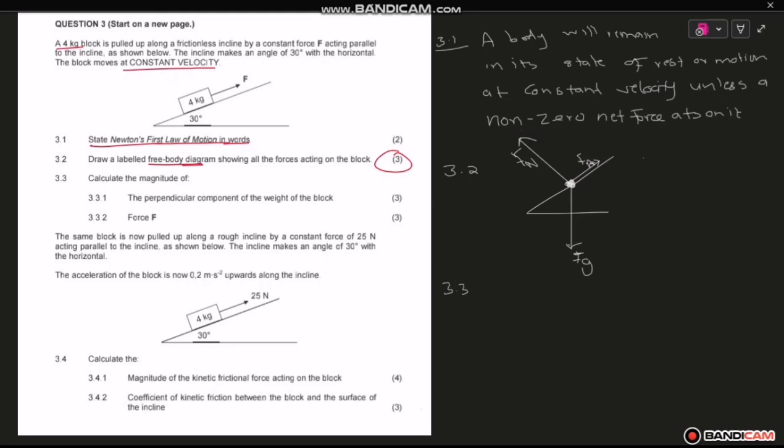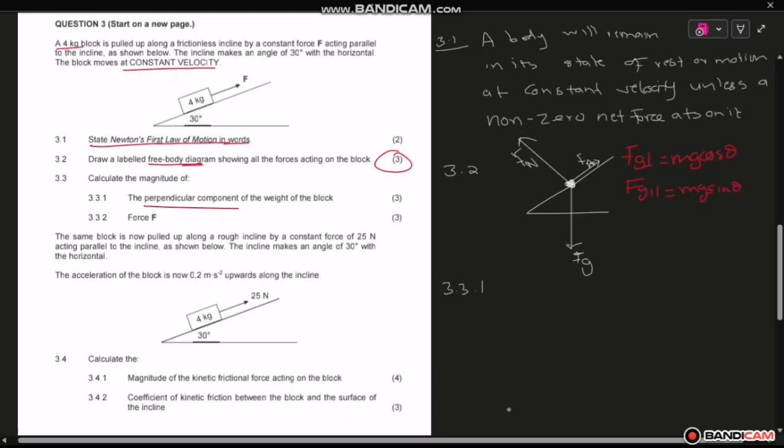They want us to calculate the magnitude of the perpendicular component of the weight of the block. These are the components of Fg. Fg parallel equals mg sine theta. All the time you use these ones.